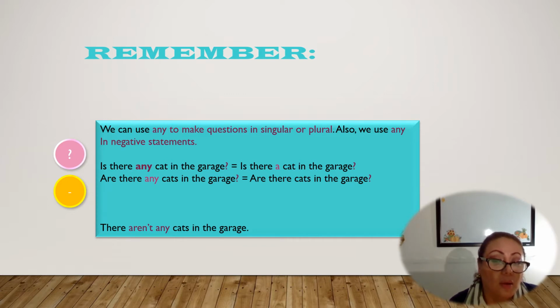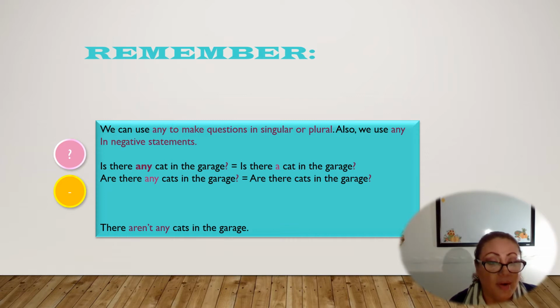You can ask with an any or without the any. It doesn't make any difference, okay? But if you have something that is singular, one, you need to put the a right in front of the noun. Otherwise, it's going to sound weird. It's not going to sound proper.